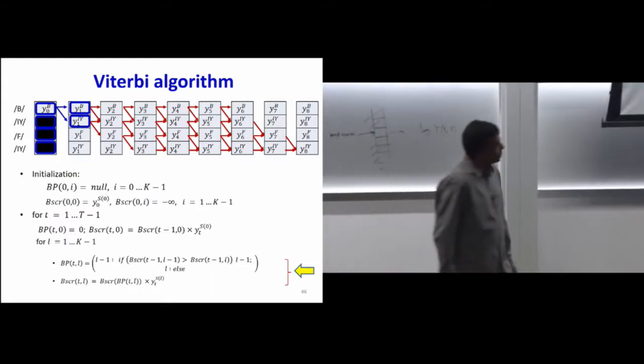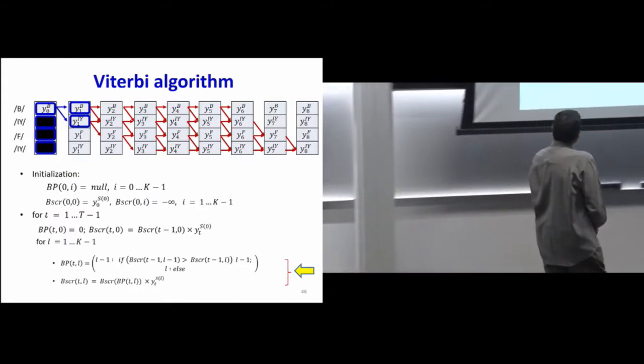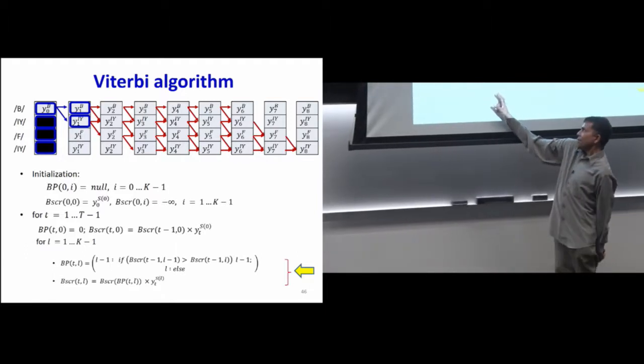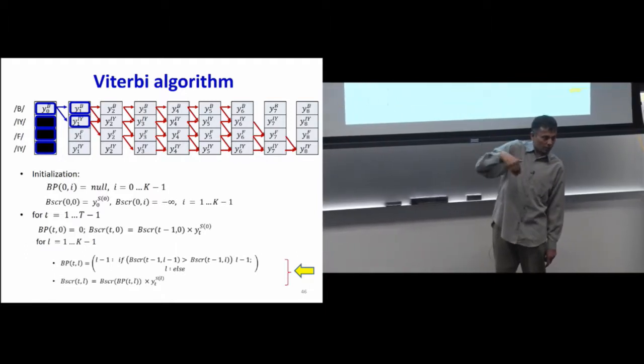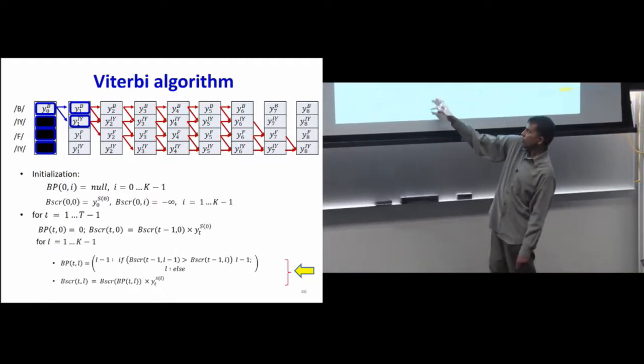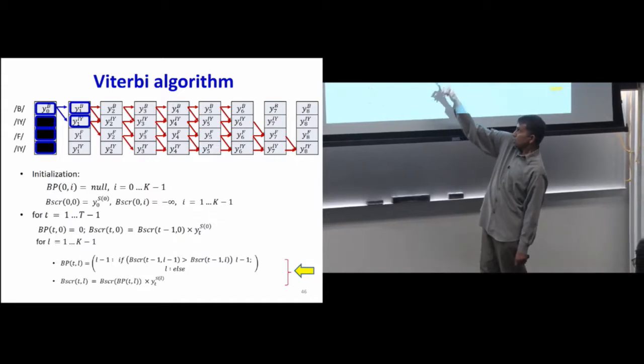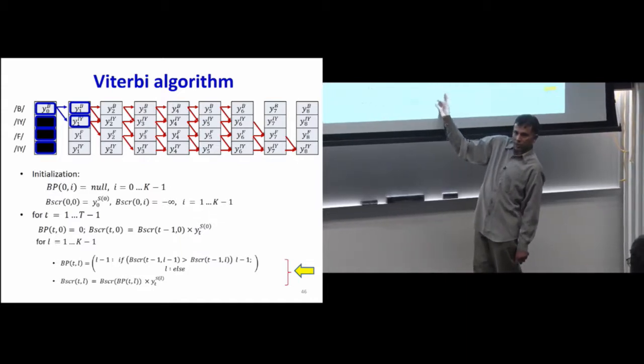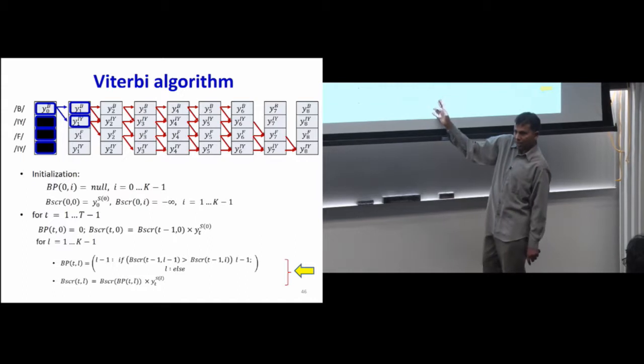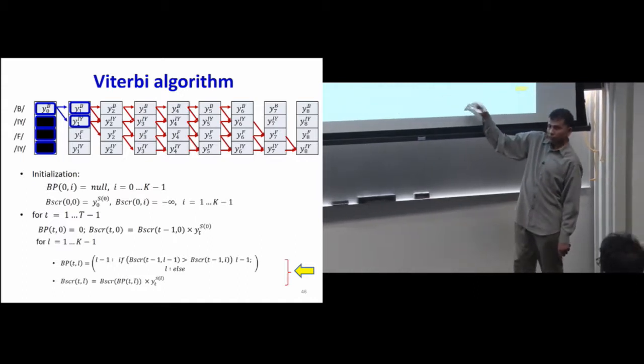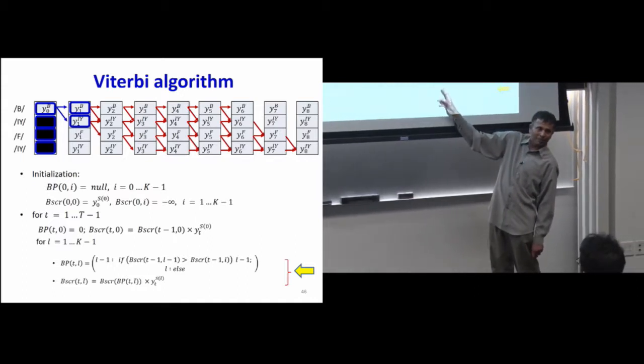So the logic we are using is the best parent is L minus 1, which is the previous row, if the score for the previous row at the previous time is greater than the score for the current row at the previous time.